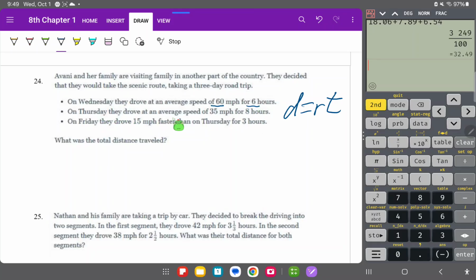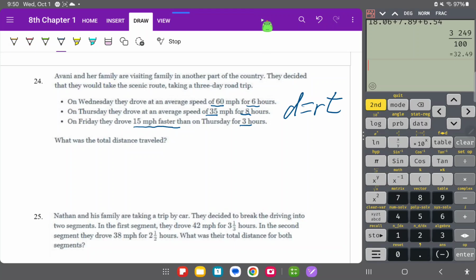On Thursday, they drove an average speed of 35 miles per hour for 8 hours. And then on Friday, they drove 15 miles per hour faster than Thursday for 3 hours. So we have to find the distance for those 3 days and then add those together.